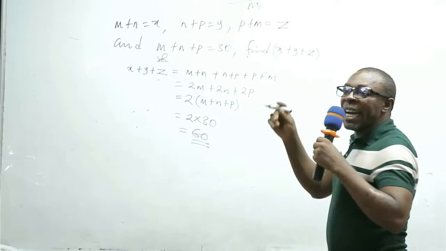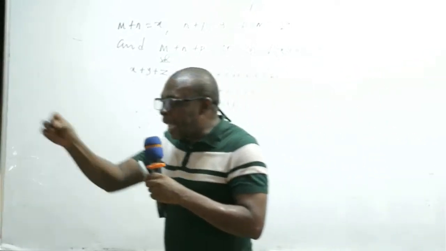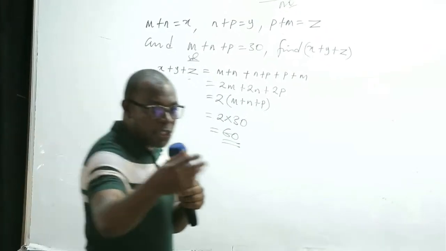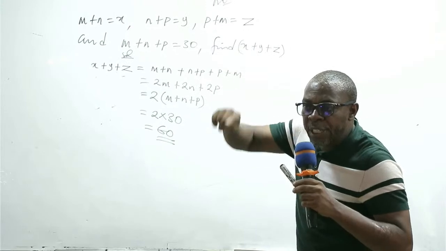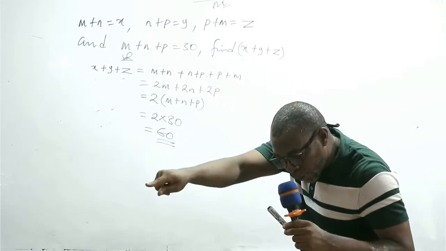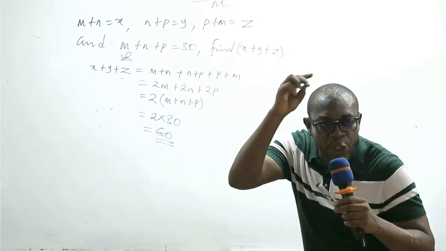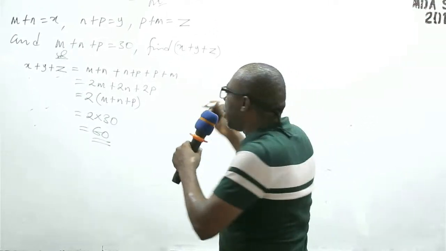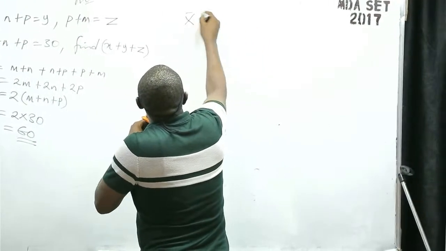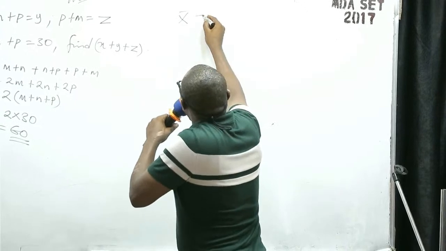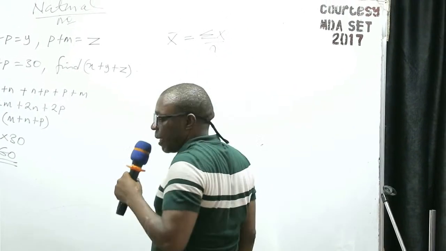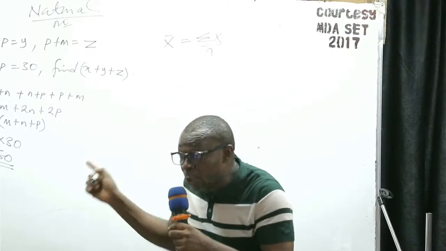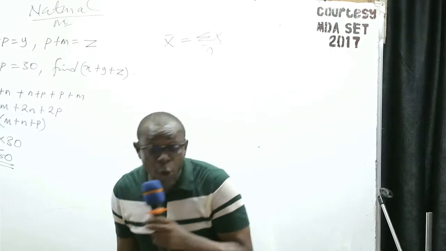Class, please, just listen. I have a message for you. Just pay attention. Whenever you are solving a problem that has to do with mean, average, this is what you do. Mean, which is x bar, will be sigma x over n.